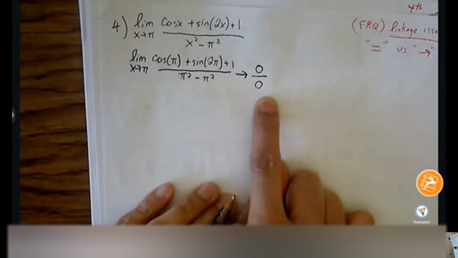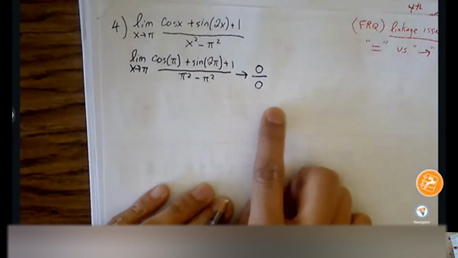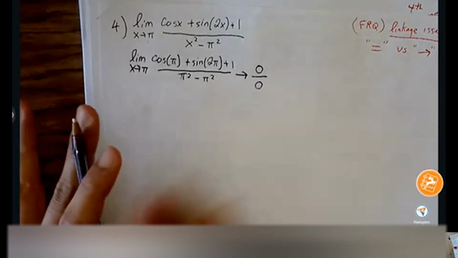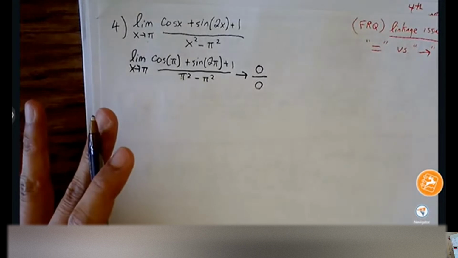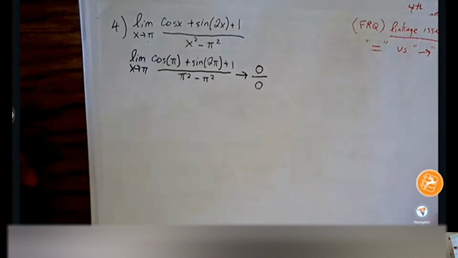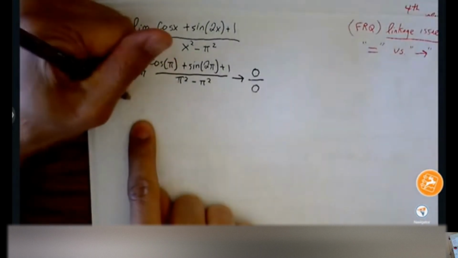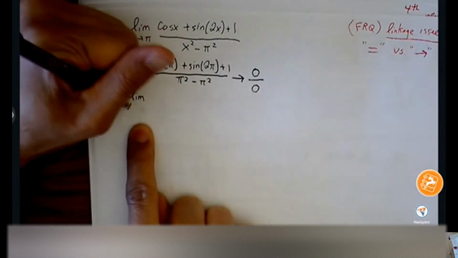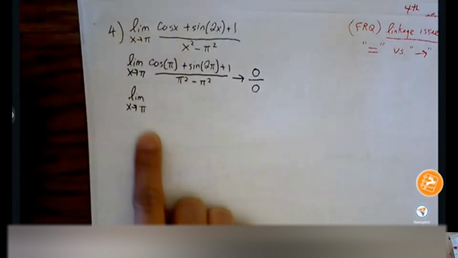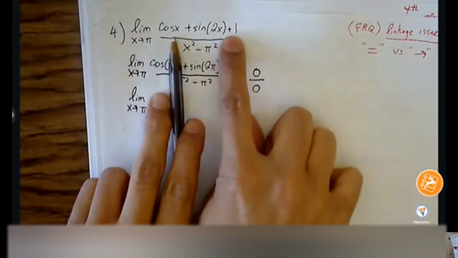Again, don't use an equal sign here. All right, so we know 0 over 0. Our condition is right for L'Hopital's rule. On the FRQ, you don't have to say L'Hopital's rule. You can just jump directly into applying it. So I'm going to jump directly into finding the derivative.